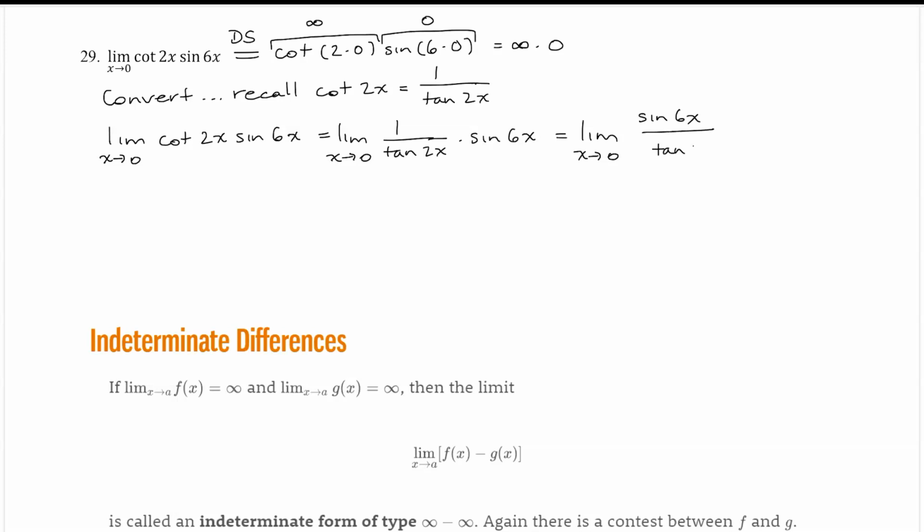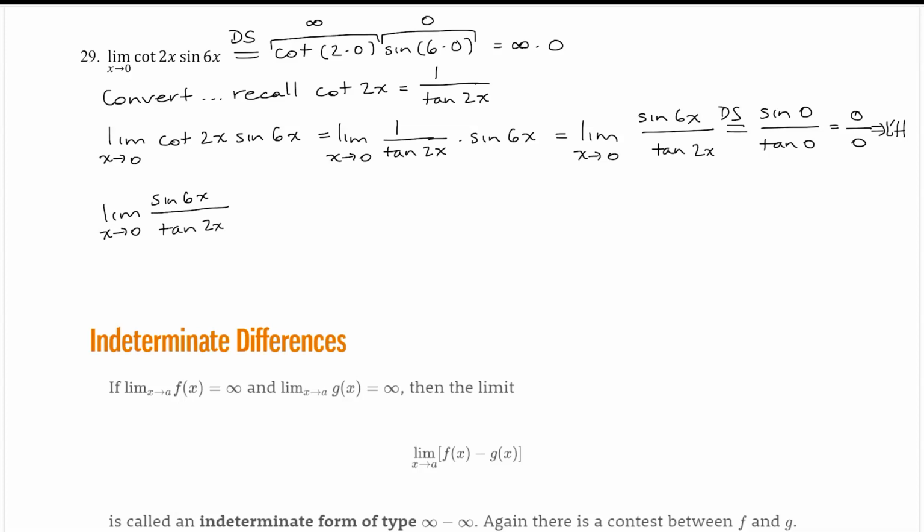We can write that as a single fraction: the limit as x approaches 0 of sine 6x over tan 2x. If we do direct substitution, we get the sine of 0 over the tan of 0, since 6 times 0 is 0 and 2 times 0 is 0. That gives us the indeterminate form that lets us use L'Hopital's rule.